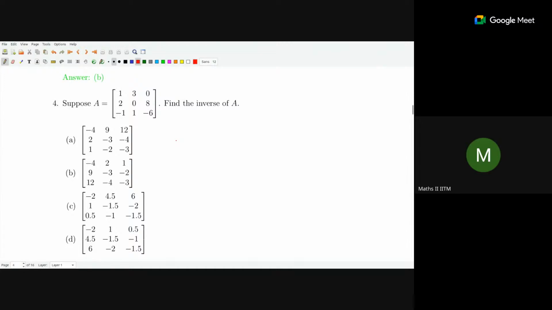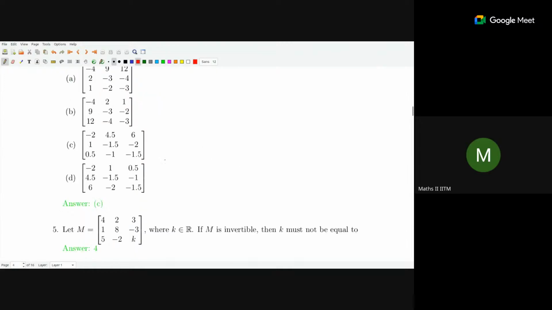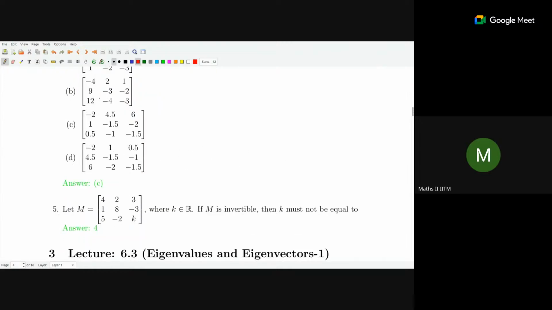You just input this to a system or computer and it will give you the output. There are many tools nowadays that perform almost all linear algebra problems in one shot. You just have to input and it will give you the output. But it's good to know how you compute all these things.